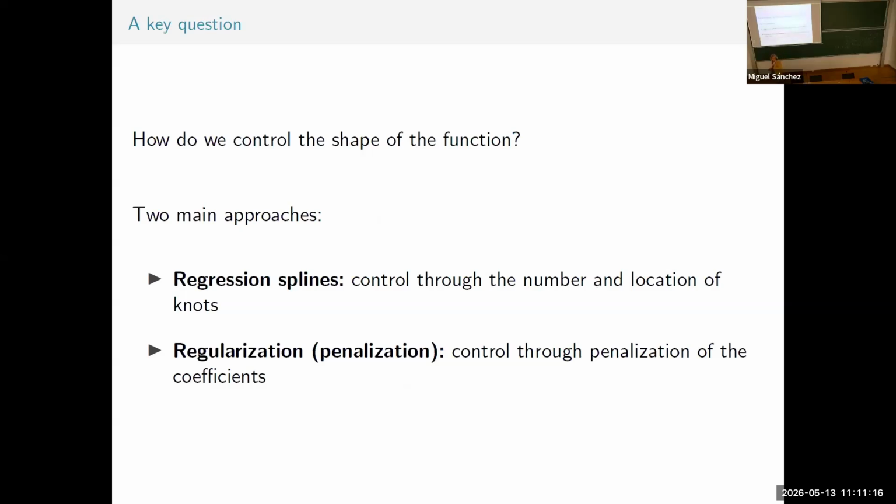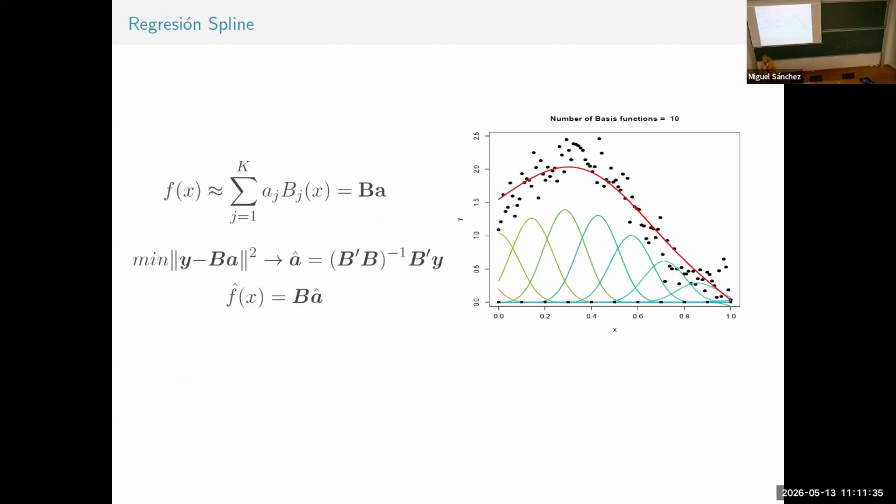But to control the shape, as I said, you can do two things: either select the knots, where they are and how many, or you control it through some sort of penalization. So these are the two extremes.